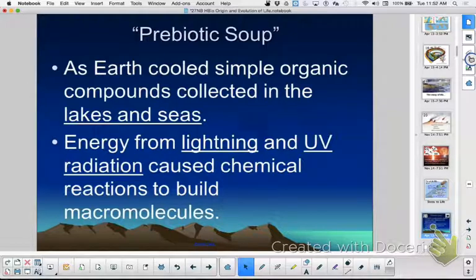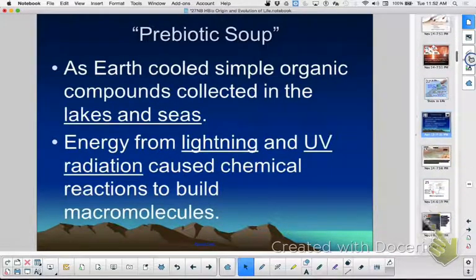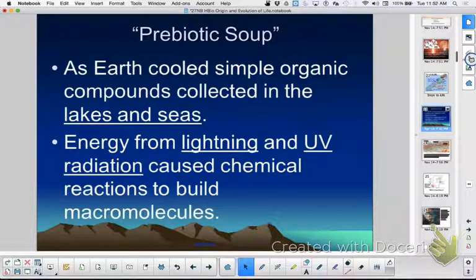Radiation, UV light, molten magma, lightning, radiation. What do we need this energy for? We need to go from those inorganic gases that came out of what? Volcanoes, in order to make organic molecules like amino acids, right, and simple sugars.